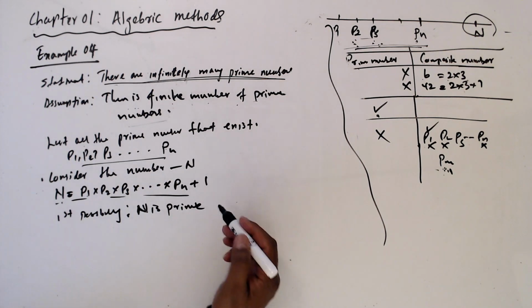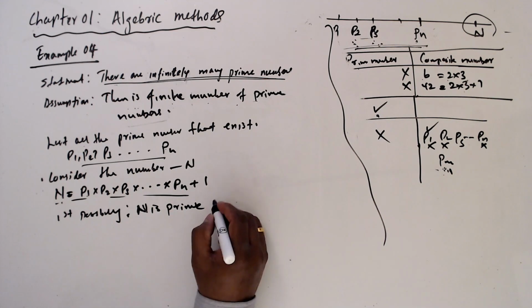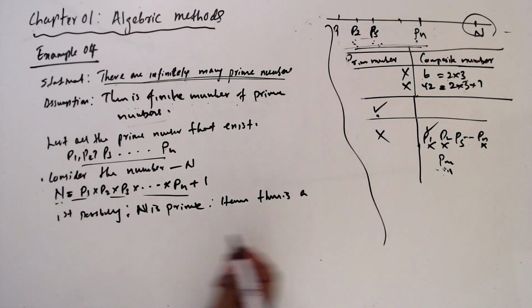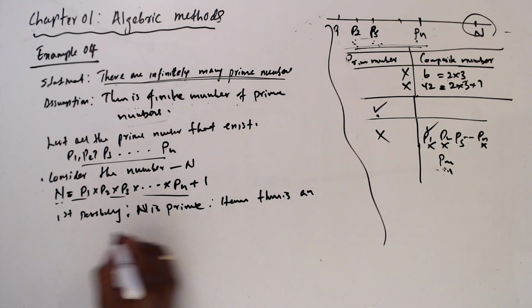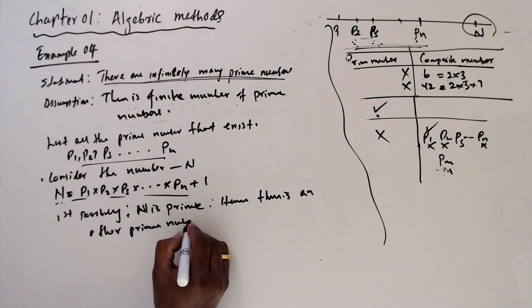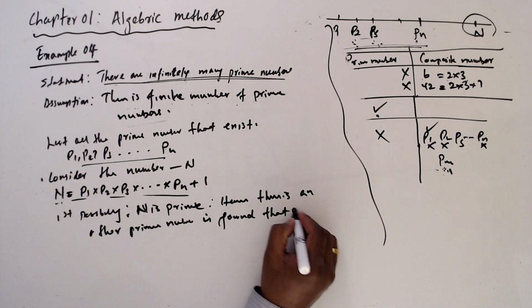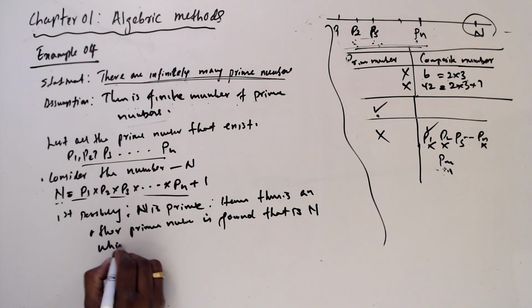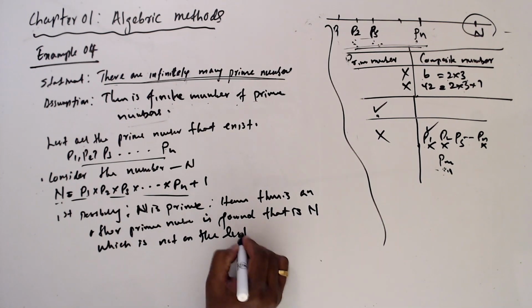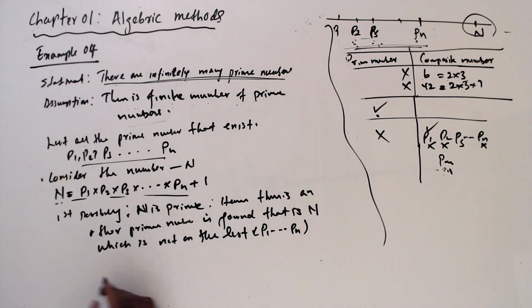Hence another prime number is found, that is n, which is not on the list P1 to Pn.